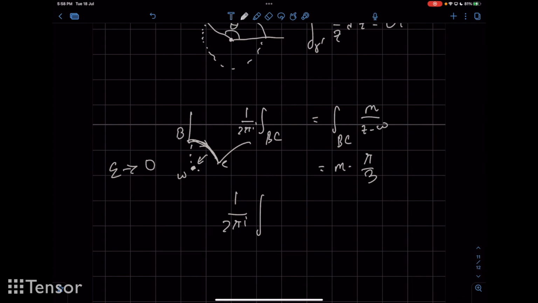Also, what should the sign be, positive or negative? BC is part of a contour that is oriented counterclockwise, so in that sense it should be positive. But if we look at BC alone, it's part of a circle that is oriented clockwise. Which one should we consider while evaluating just BC?